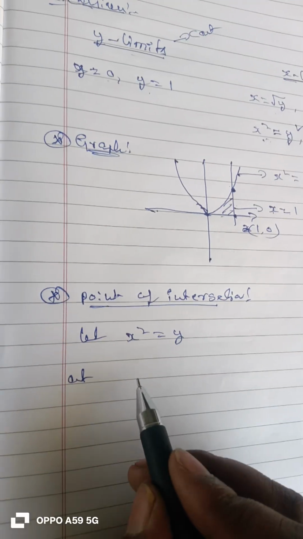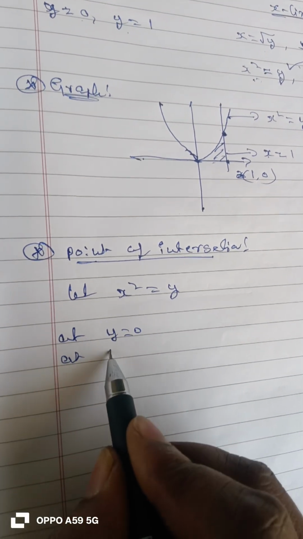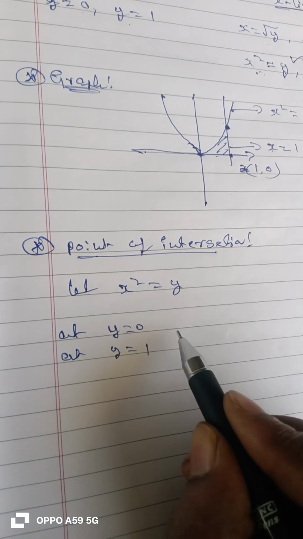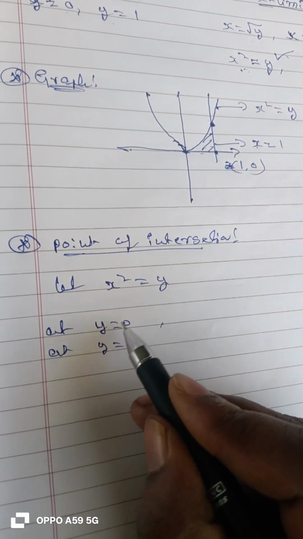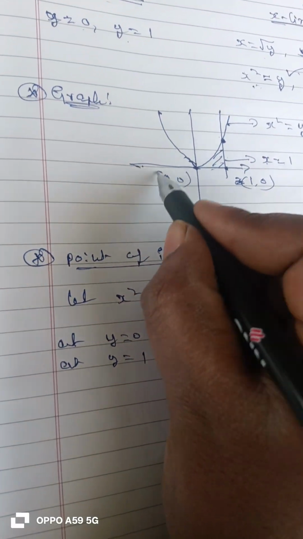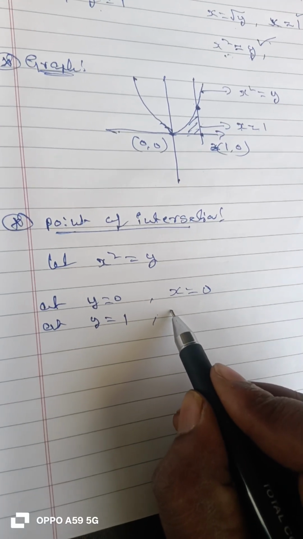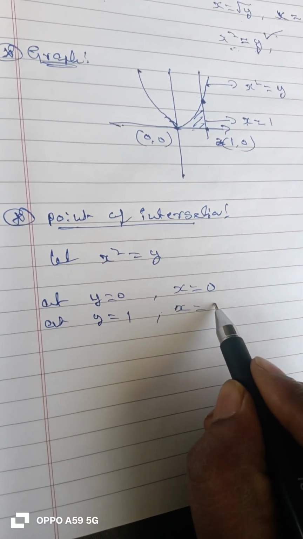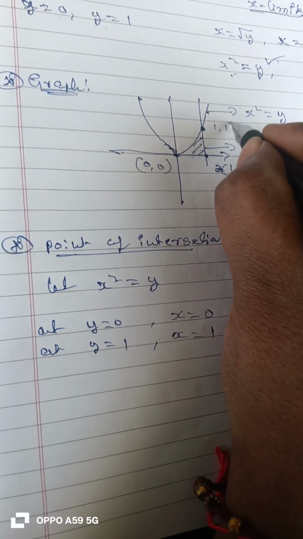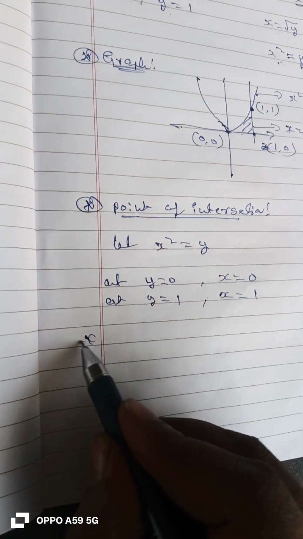So in this, at y is equal to 0 and at y is equal to 1: y is equal to 0 means x is equal to 0 we will get. Next, y is equal to 1, you will get x is 1. So this is 1 comma 1.